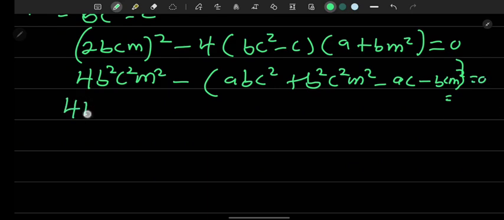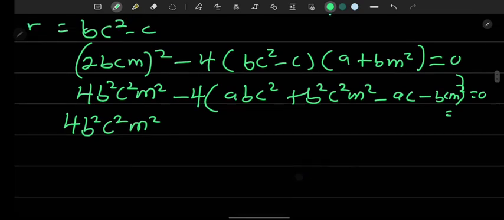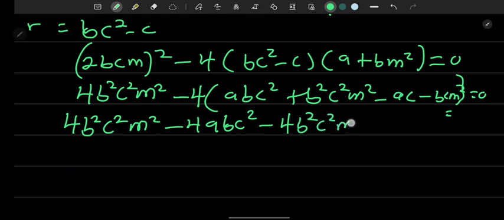Now you have 4b squared c squared m squared. Don't forget you have 4 outside here, so we can use that 4 to expand the brackets. That will be minus 4abc squared, minus 4b squared c squared m squared, then plus 4ac. And the last one is minus 4 times minus bcm squared, that will be plus 4bcm squared.